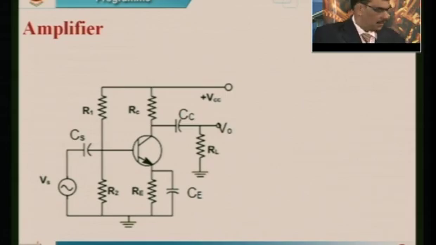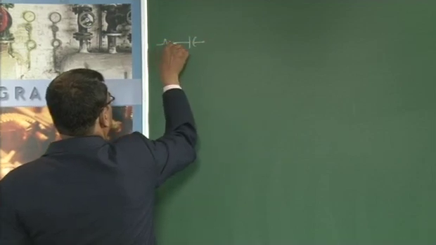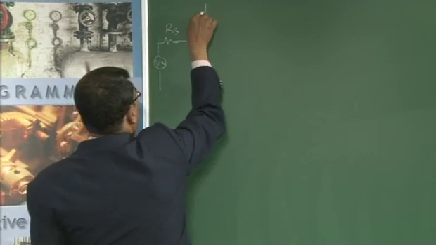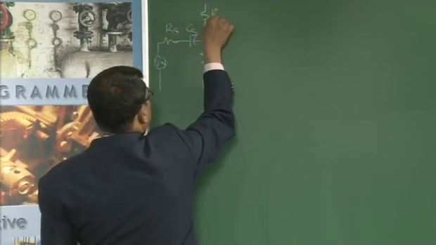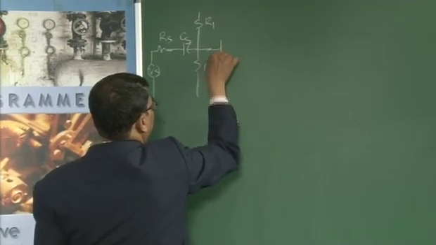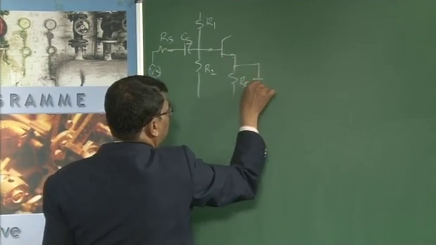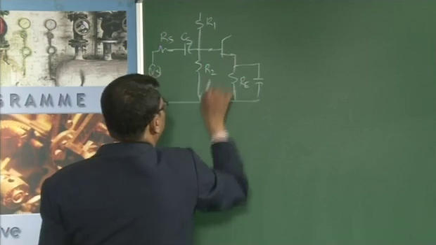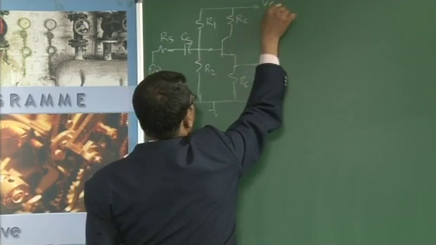Let us consider an RC coupled amplifier. This circuit consists of a resistance RS, with voltage Vs applied, and then the capacitor CS, R1, R2, and the resistance RE, and this capacitor CE is grounded, and then resistance RC is connected to the power supply VCC.